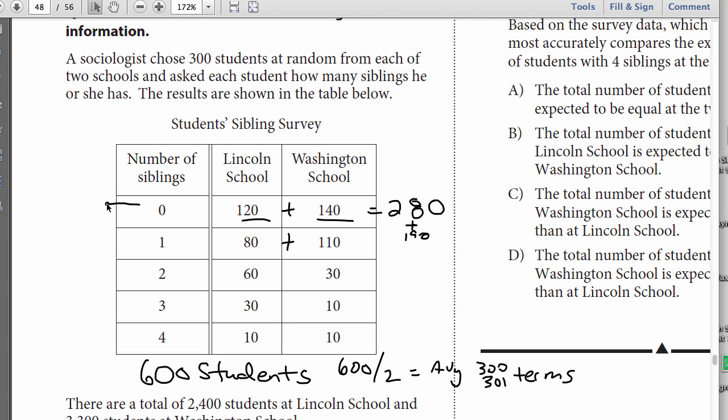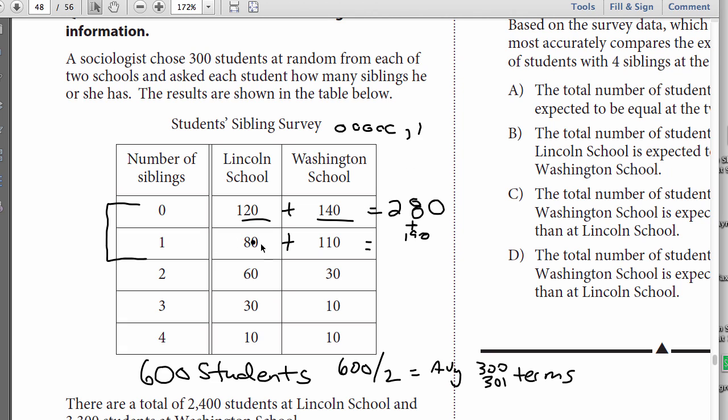So from these 2 categories alone, you've already covered 470 students. But if you listed all the siblings out, 0, 0, 0, 0, 0, you get up to 280 of those. And then finally, on the 281st number, you'd hit a 1.